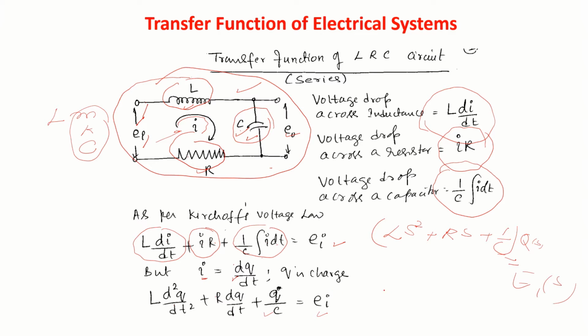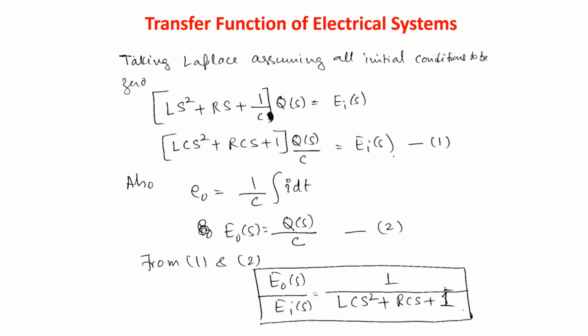So if I take LCM of these things, it should become LC s square plus RC s plus 1 times Q of s by C, and that must be equal to EI of s. That's what exactly I have shown here.